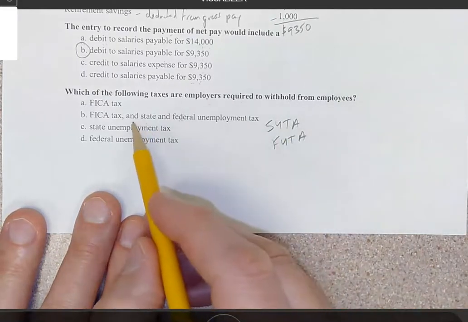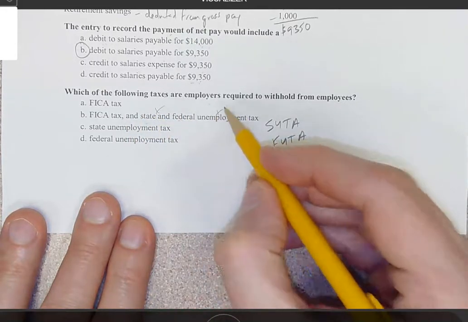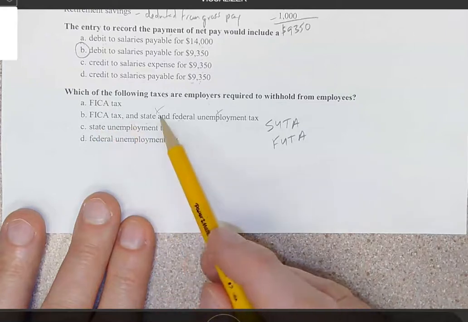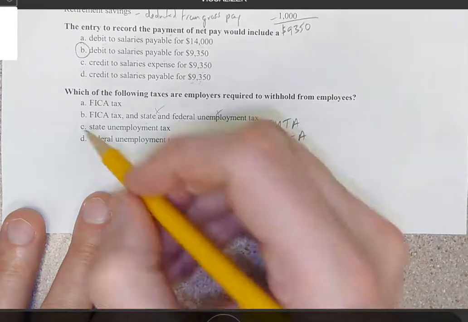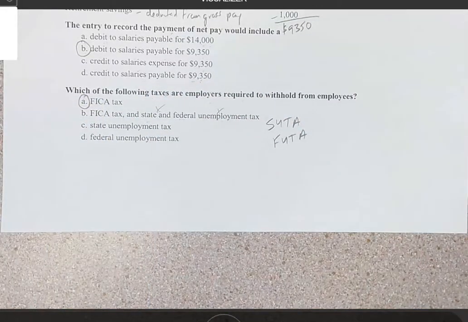So for choice B, this is wrong, and this is wrong. And then if we look at choice C, well, choice C is state unemployment tax, and choice D is federal unemployment tax. So the only correct answer is A.